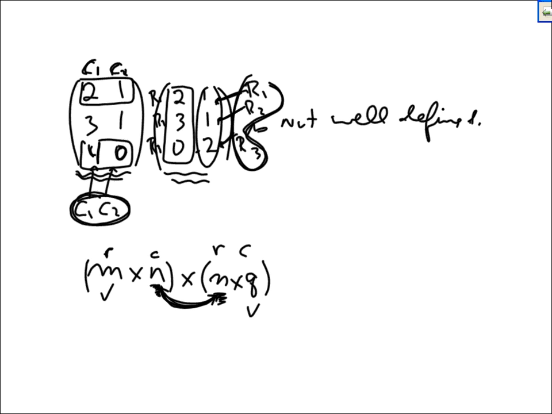If the inner numbers are not the same, you can't do the matrix multiplication. It turns out that the outer numbers, m by q, will be the size of the product. If the inner numbers are the same, then the matrix will be m by q.